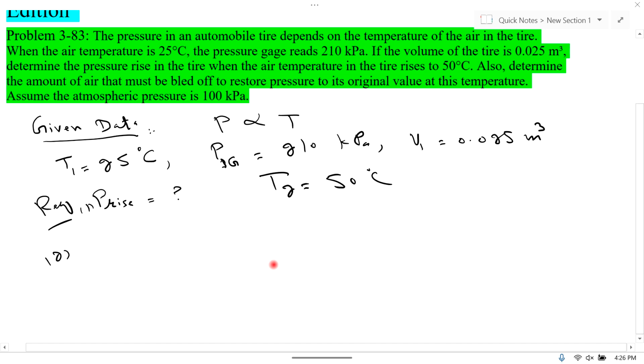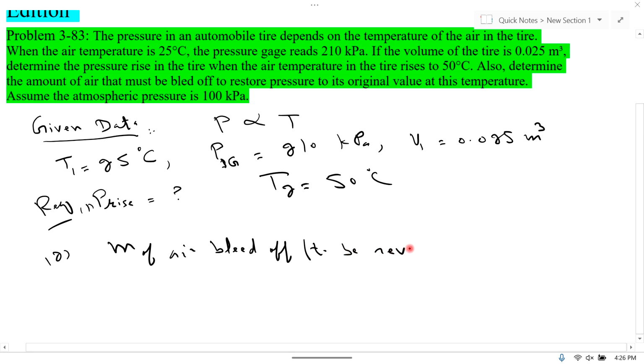So find the mass of the air to be removed. Bleed off means to be removed.